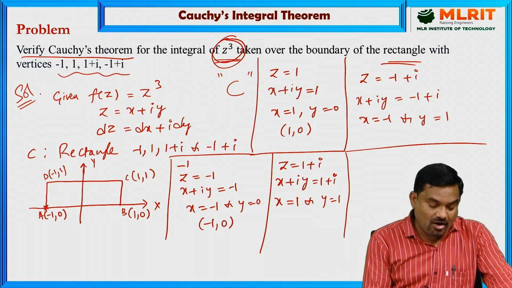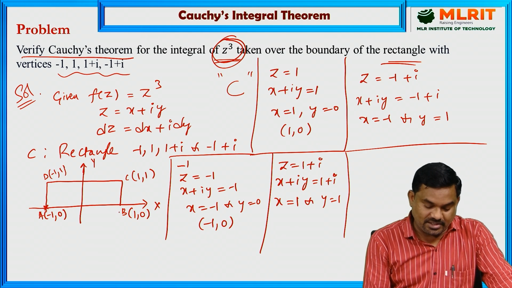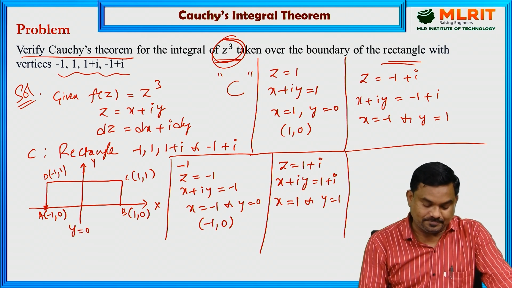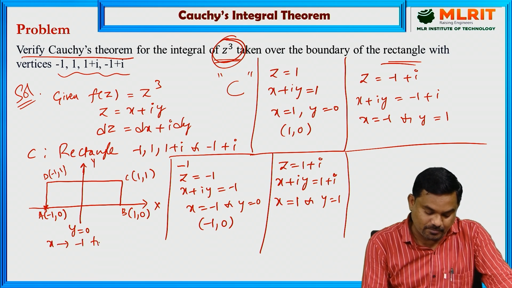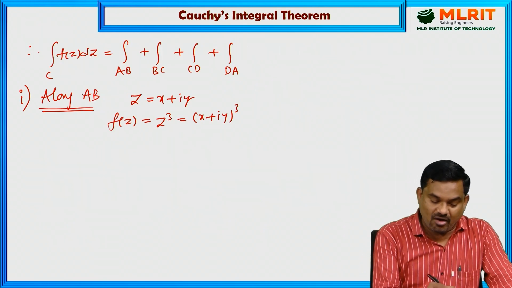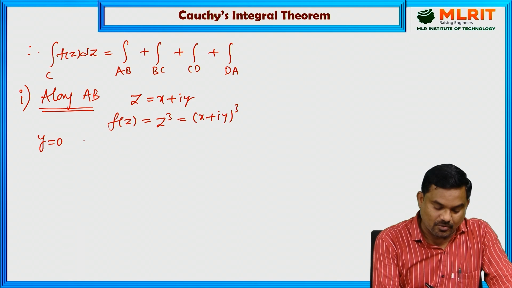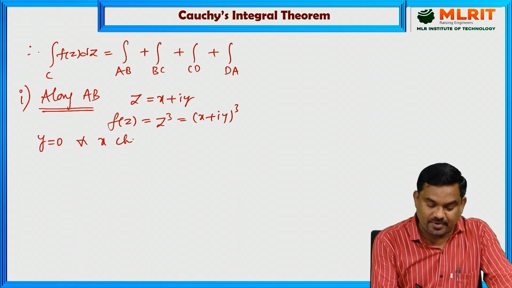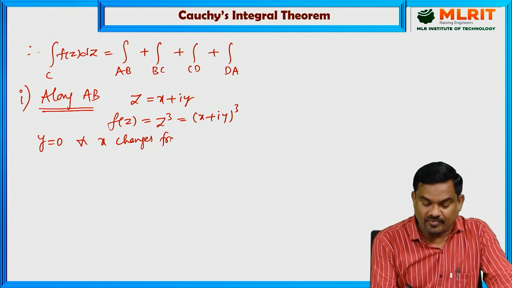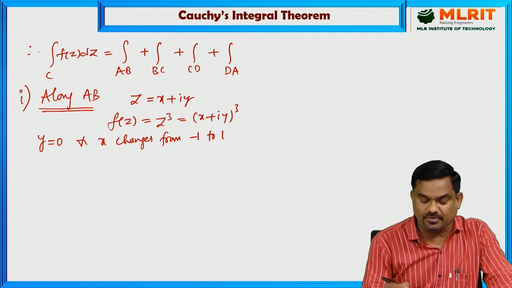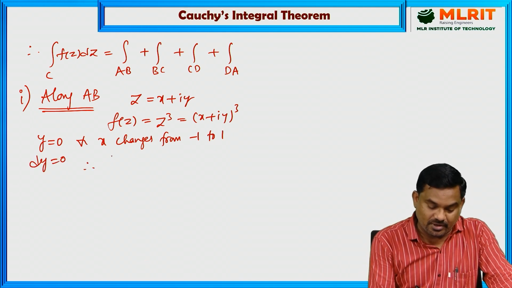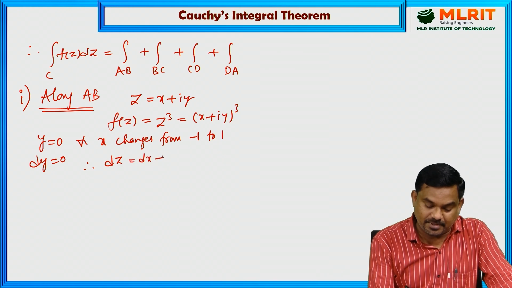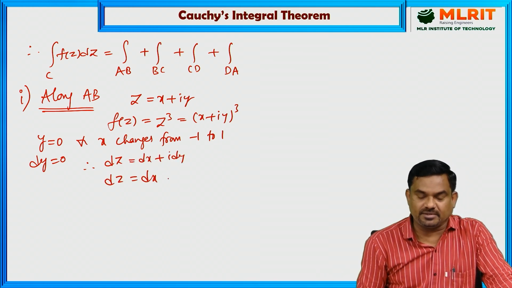Now along the line AB, we can see the value of y is 0 on the x-axis and x changes from -1 to +1. If y is 0, dy will be 0. Therefore, dz is dx plus i dy, which is dx itself, since dy is 0.